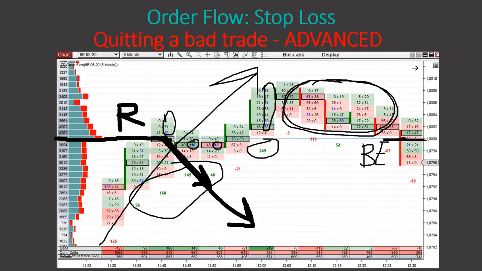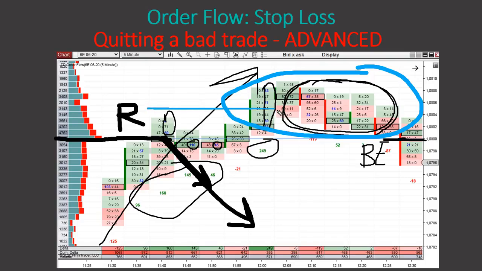By the way, this is also the reason why I like to use wider stop losses for those intraday trades using the order flow, because I have some room to do stuff like that, to watch the order flow and decide whether I want to stay in the trade or not. If my stop loss was too tight, let's say like 5 ticks, it would be, for example, in here, I would just take the stop loss and that would be it.